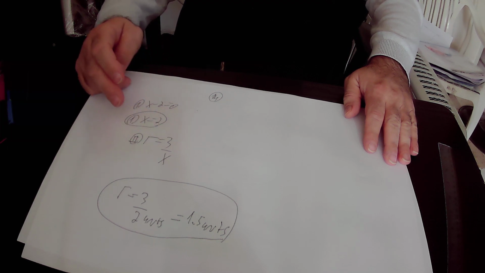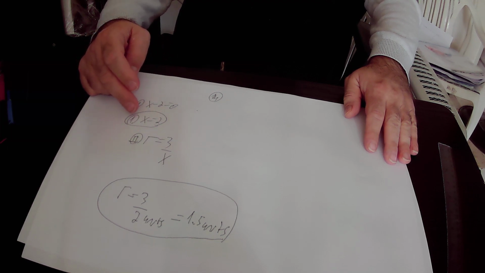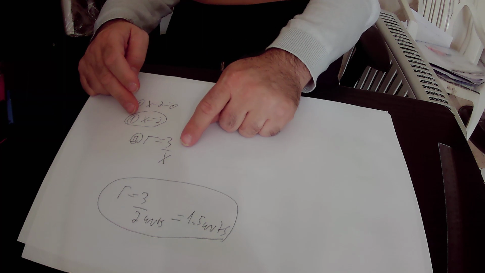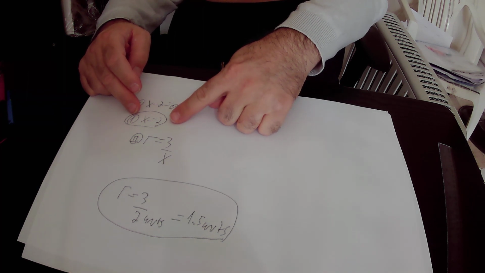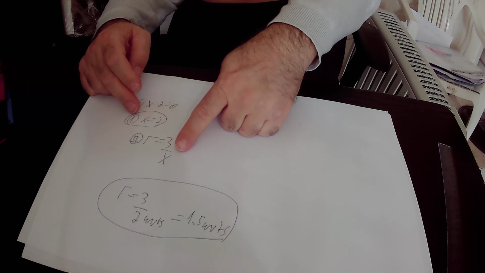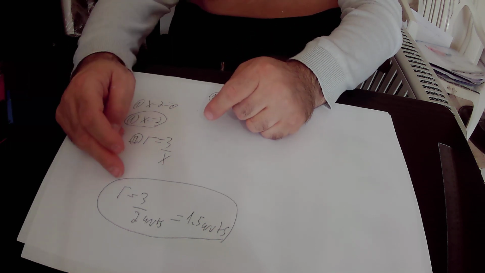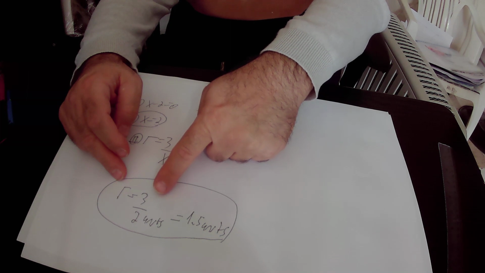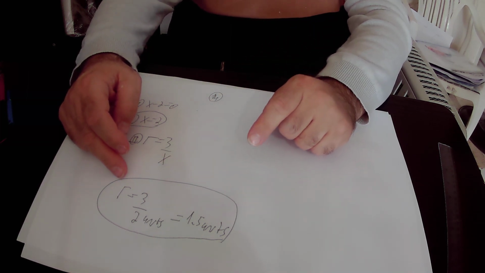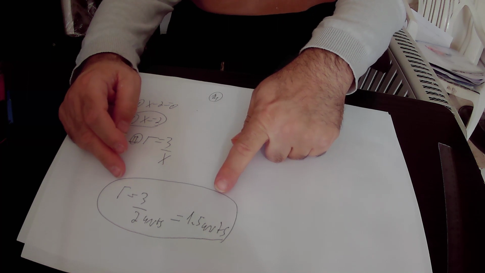We put x equals 2 inside equation number 2, so r equals 3 over 2 units, or 1.5 units.